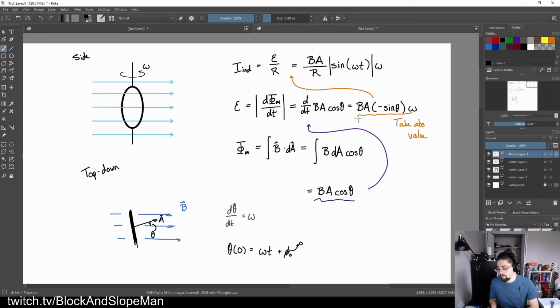Realistically, I'm not going to fault anyone if you want to keep the negative sign in there, because what I've listed in the notes below for this slide is that this is actually how we generate AC current. The current is not just going one way the entire time. It is constantly going back and forth. That's why, if you've ever seen lights flicker, or if you get headaches from lights flickering, that is an issue with fluorescent lights, which oscillate at a rate of 60 hertz.